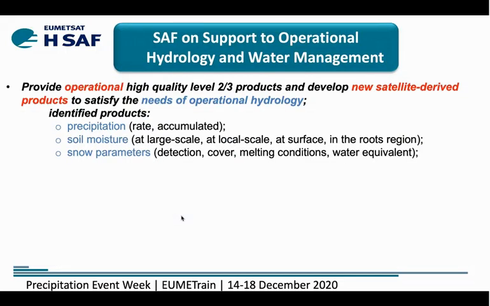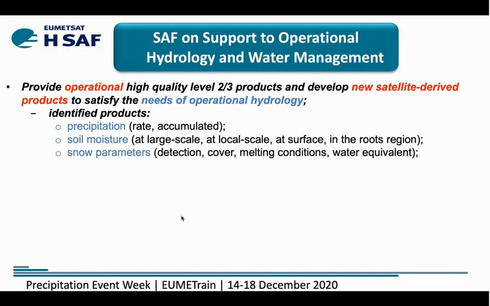So, to summarize, the EUMETSAT Satellite Application Facility on Support to Operational Hydrology and Water Management provides operational high-quality level 2 and 3 products, and develops new satellite derived products to satisfy the needs of operational hydrology.